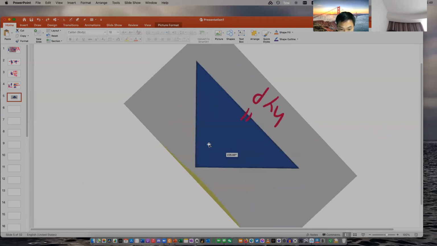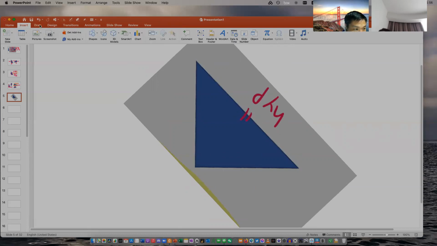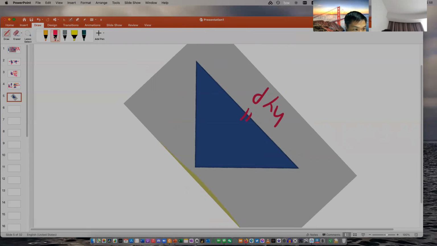You rotate it. Then you can start to label your base and the height already. Then you can make use of the formula b squared plus h squared is hyp squared.